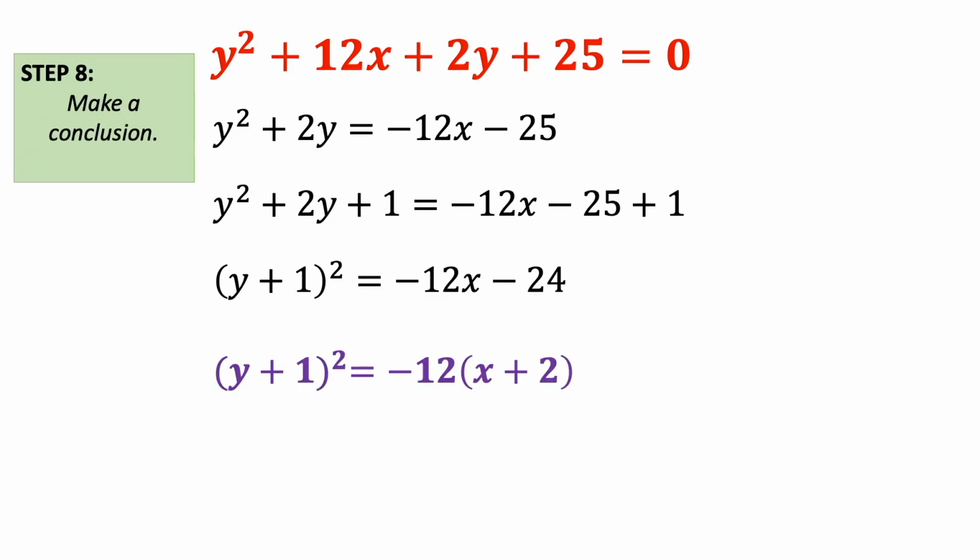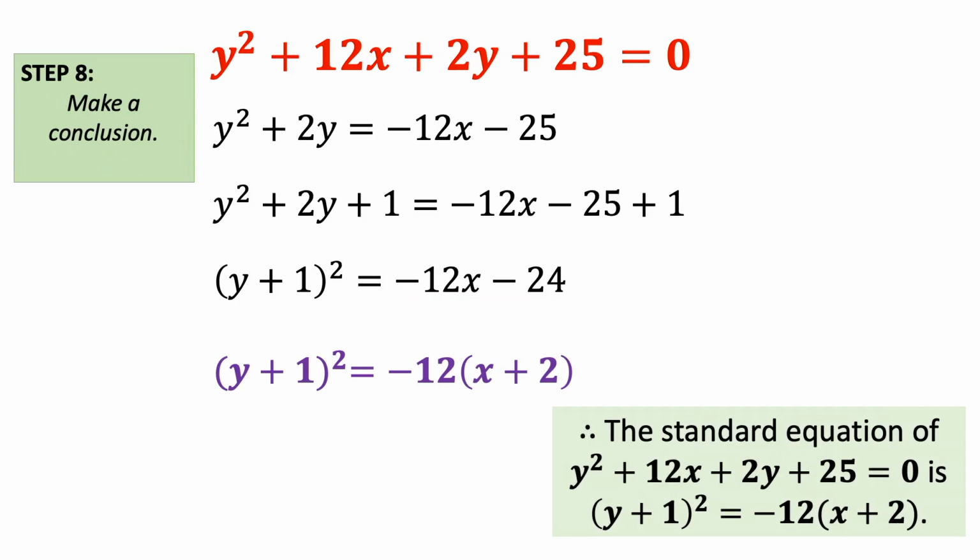Therefore, the standard equation of the given parabola is quantity y plus 1 squared equals negative 12 multiplied by the quantity x plus 2. This standard equation is telling us the parabola is opening to the left.